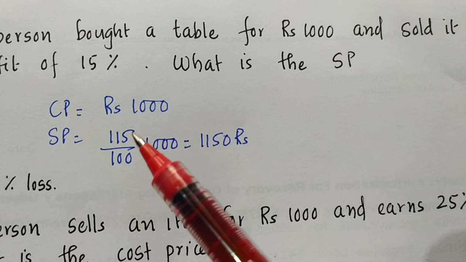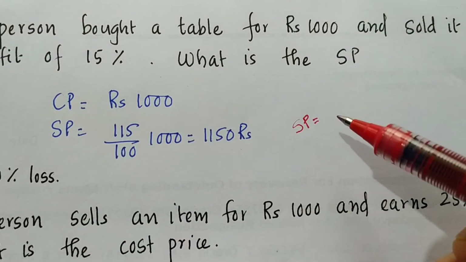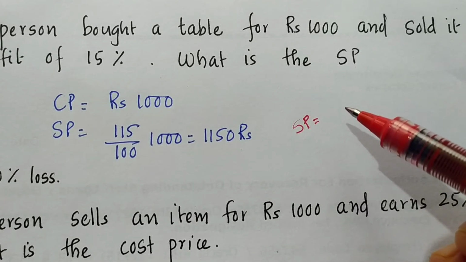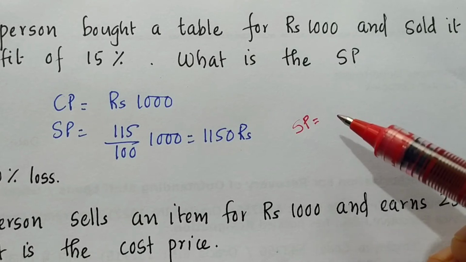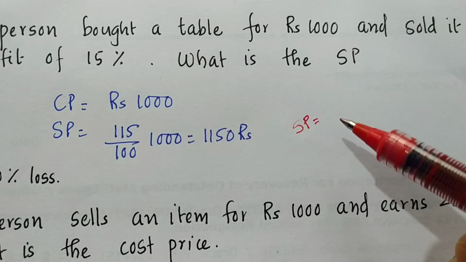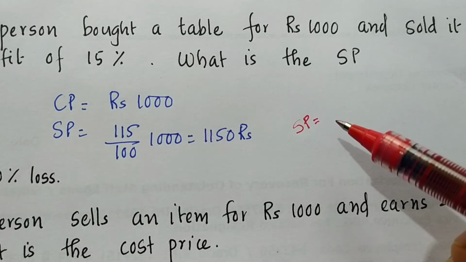He got a profit means selling price is more than the cost price. Profit percentage is given. It simply means that selling price is profit percentage more than the cost price. That is, here the profit is 15%.